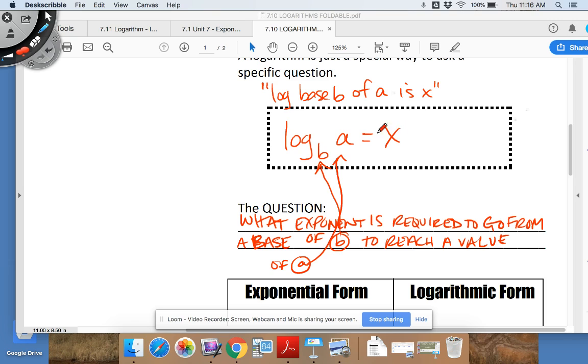So it's saying what exponent is required to get this base number to equal this number.